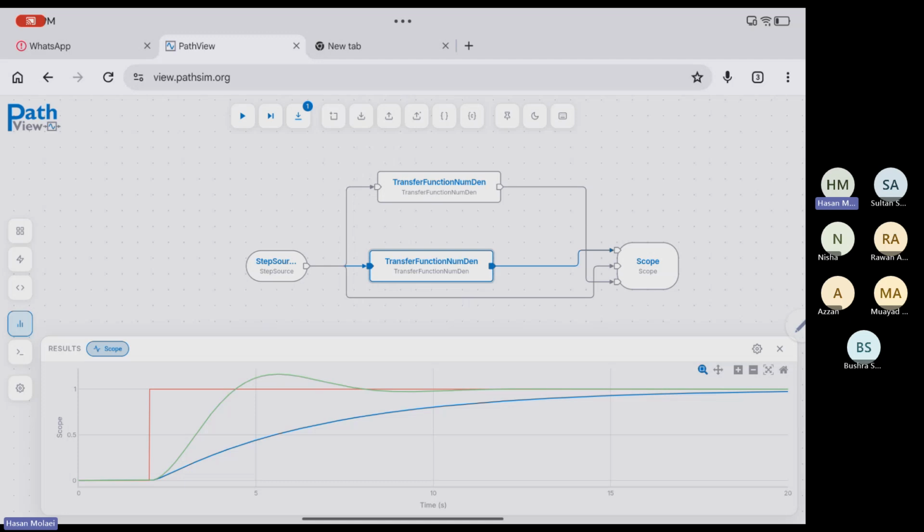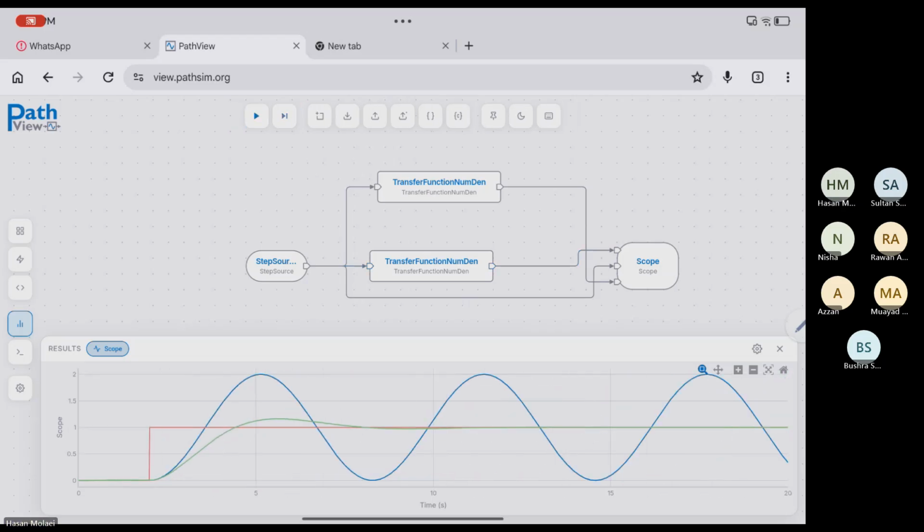We don't have any damping, which means it's not going to damp. Yeah, exactly. It's going to keep oscillating. This is the fastest, in terms of rise time, but it doesn't work for you. The absolute fastest is this, but useless.